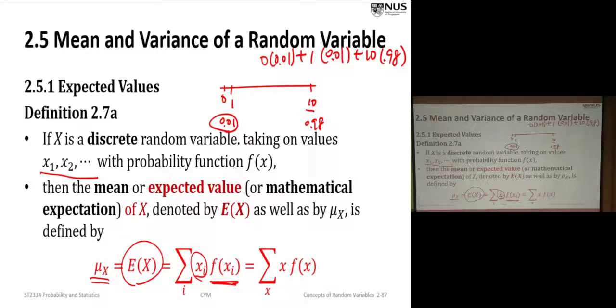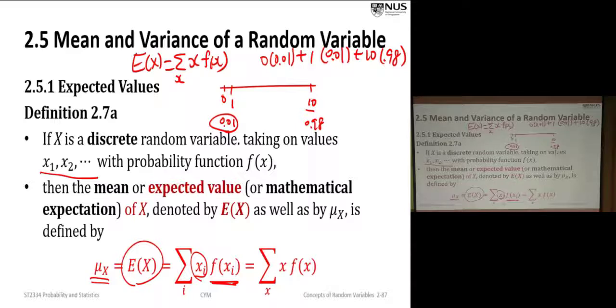So it's just as if you add up all the values and then divide by n, the number of observations. That is a special case. Remember, this is a special case. The expectation should be defined as the value times the corresponding probability. So it's x times f of x. So the expectation of x for the discrete case is usually written as x times the corresponding probability function, summed over all the possible x values.